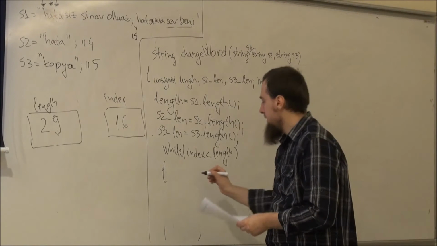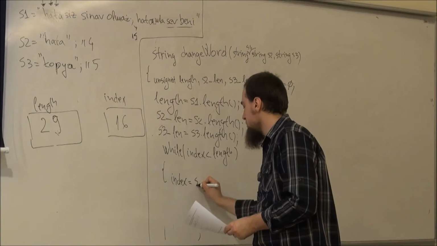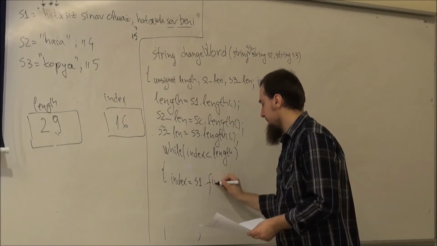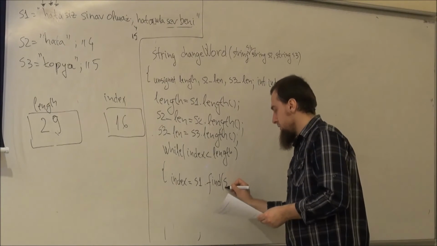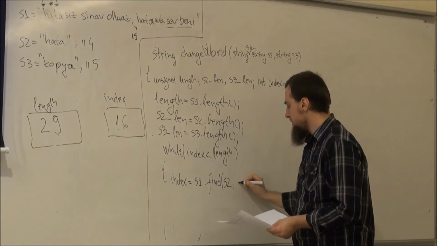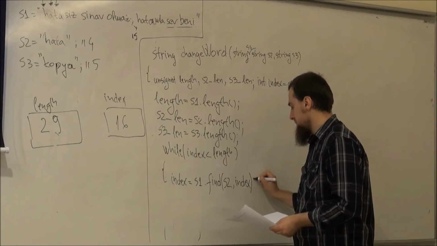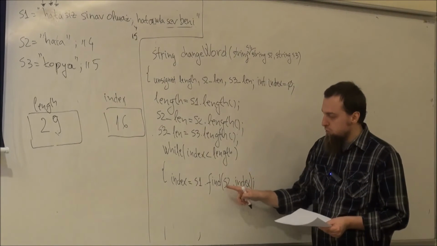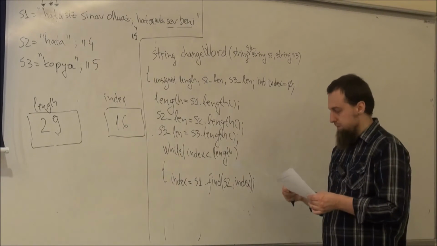So index is equal to S1.find(S2, index), the pattern of this string, starting from 0. S2 tells us what we should find in S1, and index tells us from where we should start.